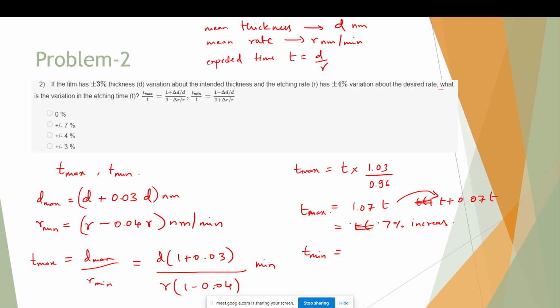T min will be the minimum thickness that it has to etch upon the maximum rate, and that you will find somewhere around 0.93 T, so that is minus 7%. So plus or minus 7% is the correct option. Is that okay?